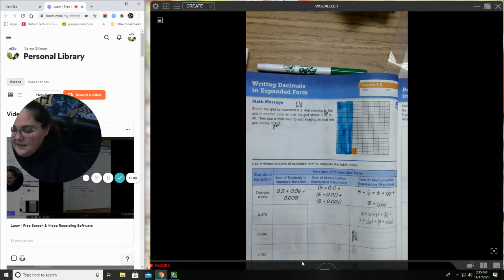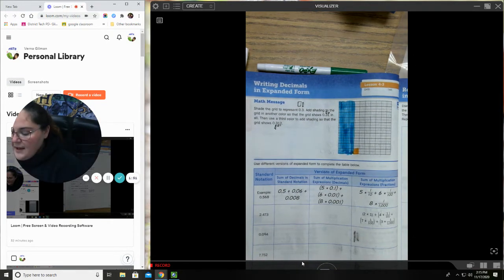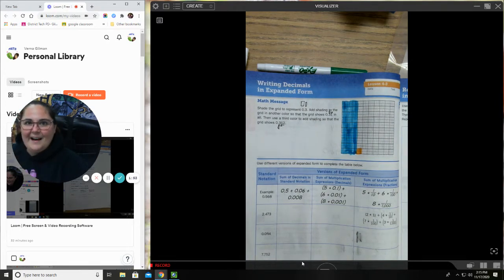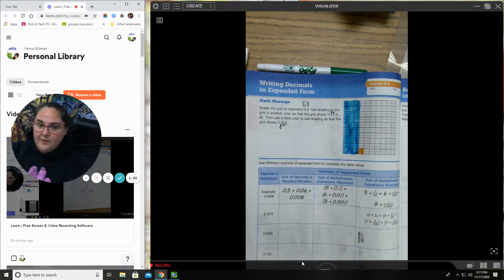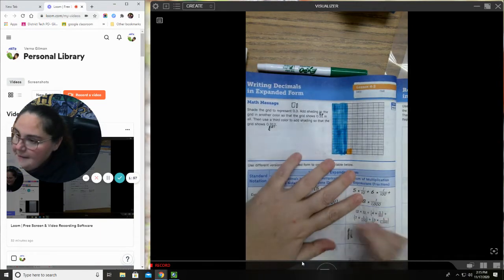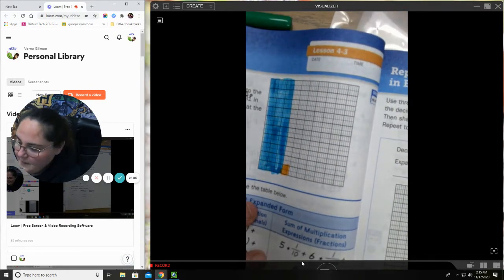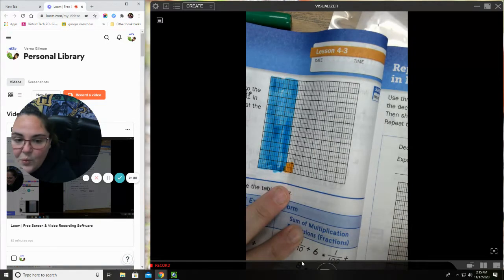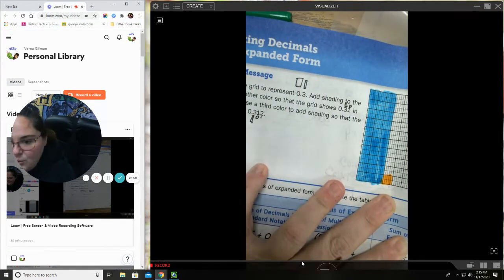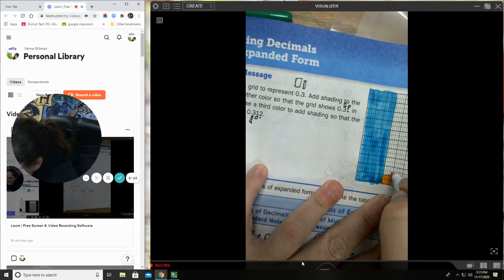to draw in to make it show 312 thousandths. So I'm going to use my ultra fine point marker. These are my favorite, by the way. And I'm going to zoom in so you can really check to make sure that I'm doing the right thing. Let's see. Am I doing the right thing? Here we go. 1. Let's see. I need 2 thousandths. 1, 2.